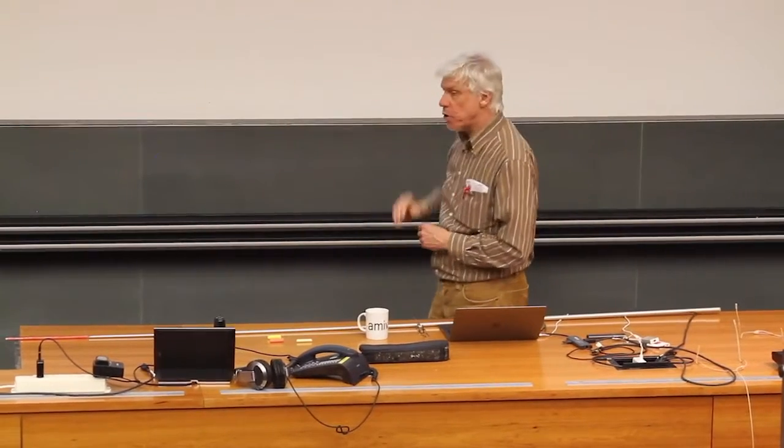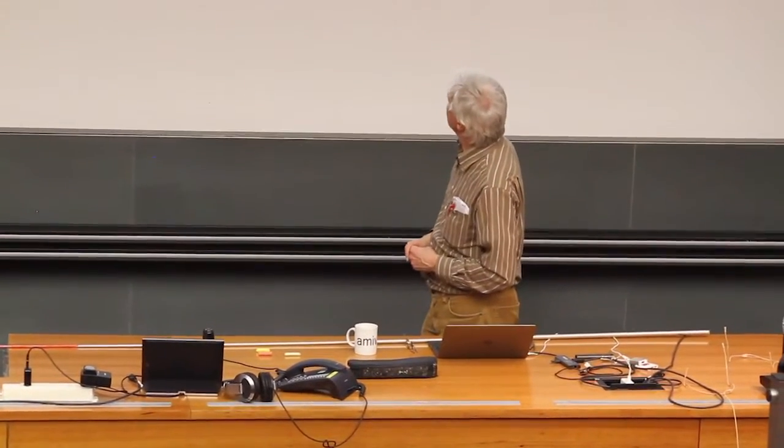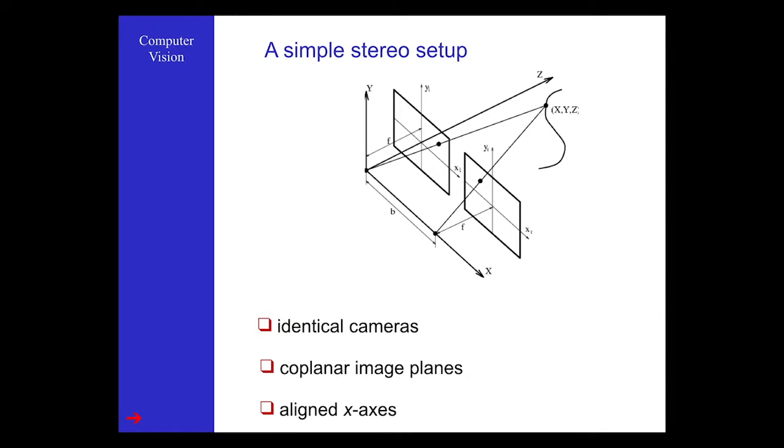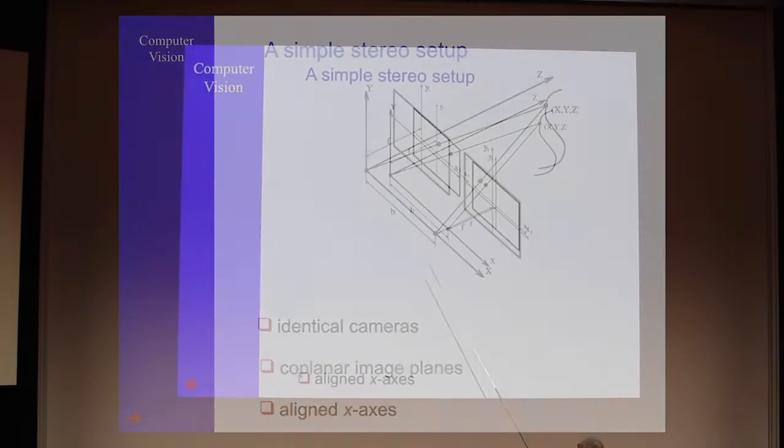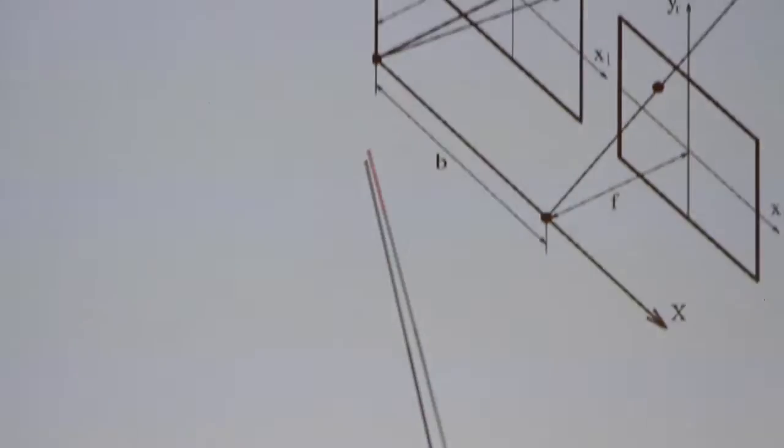Notice that rows and columns of the two cameras are also parallel. So the x-axes are aligned. And actually, we go a step further. We also attach the world coordinate system to the left camera. So here we go for the world coordinate system.